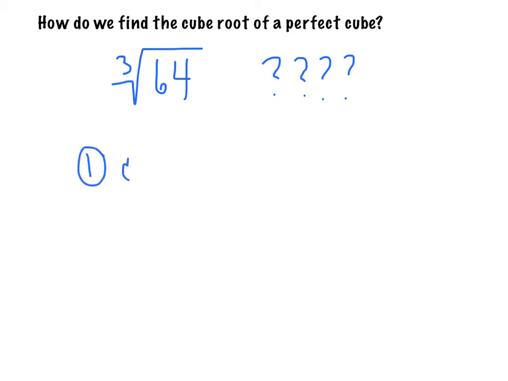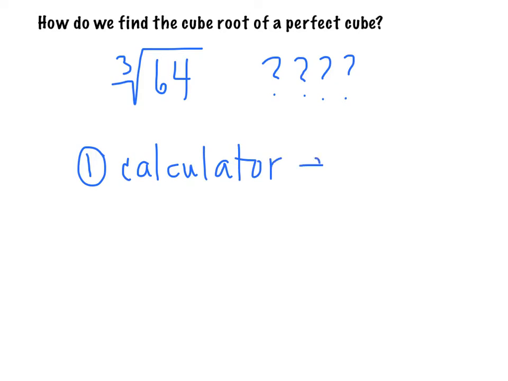So the big question is, how do we find the cube root of that perfect cube? If you're given a number, for example, such as 64, and you're asked to find the cube root of that number, how do you find it? It seems like it could be a little confusing, but there are actually 2 ways to get this. The first way would be to use a calculator.